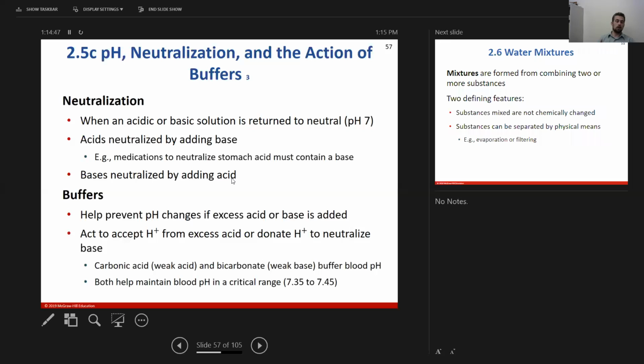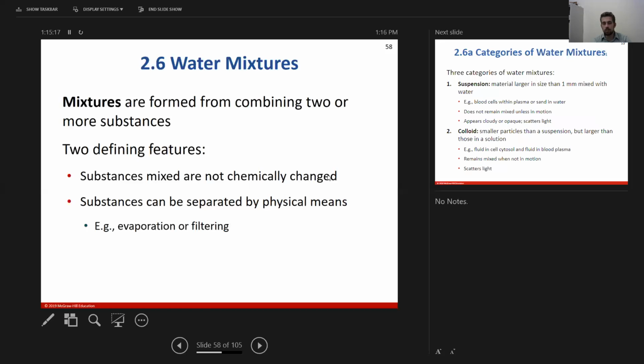And so carbonic acid is going to take up the extra hydrogen ions from an excess acid, or it's going to donate the hydrogen ions to neutralize the base. But it can kind of do both. It can go either way to sort of keep things at that nice little balanced baseline, like 7.35 in your blood.